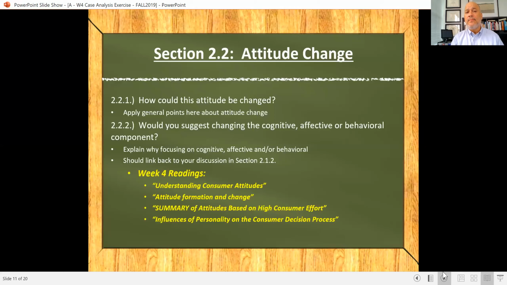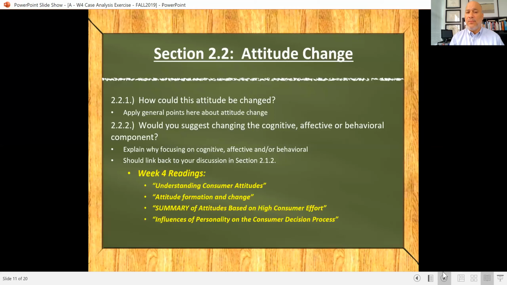2.1.2. And here I want to encourage everyone to look at a couple of the Unit 4 readings about consumer attitude change. Remember, there was a reading titled Understanding Consumer Attitudes. There was a reading on attitude formation and change.